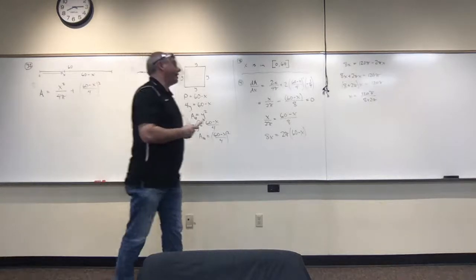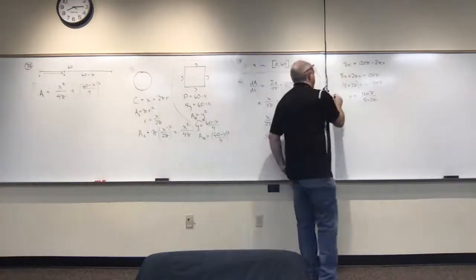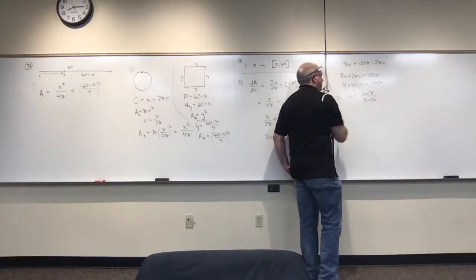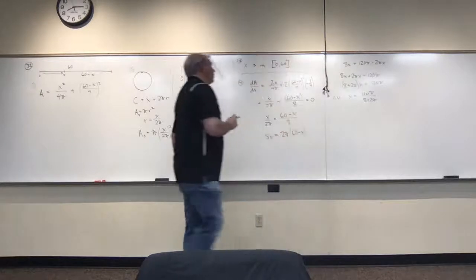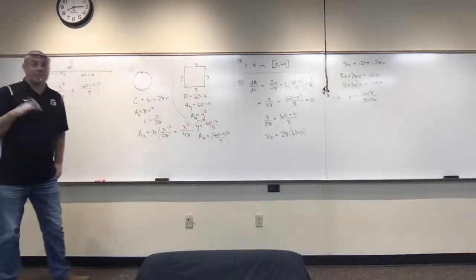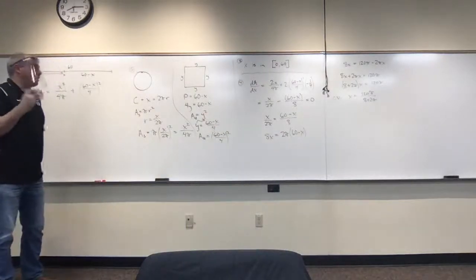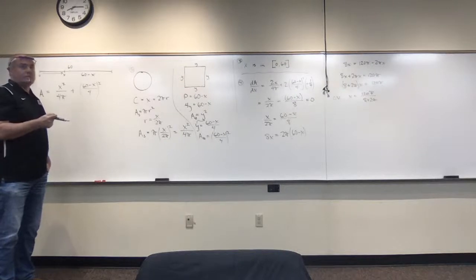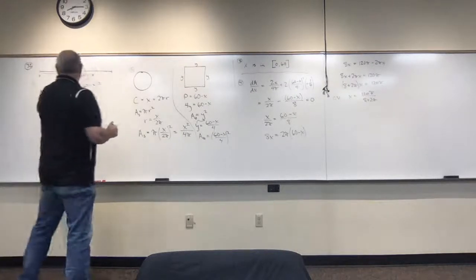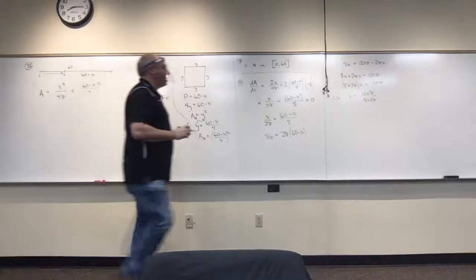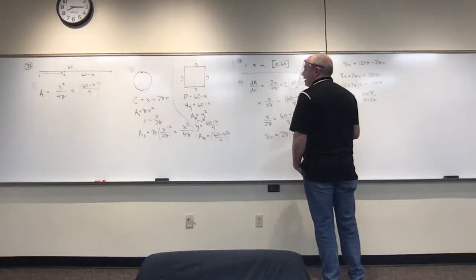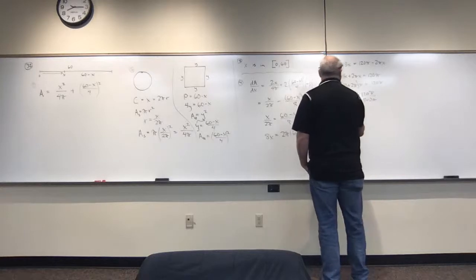Okay, so I have a critical value, and that is this guy. So now if I'm looking for what would make this thing the biggest or the smallest, the biggest point or the smallest point is either going to happen at that critical value or at one of the endpoints. So what I have to do now is go back here and say, what is the area A if x is equal to 0?